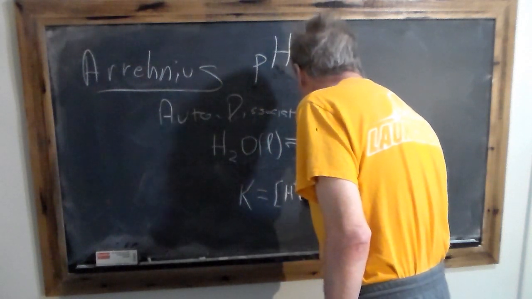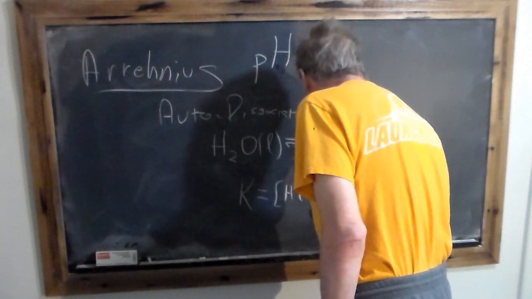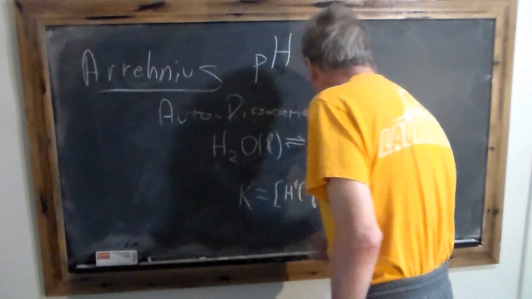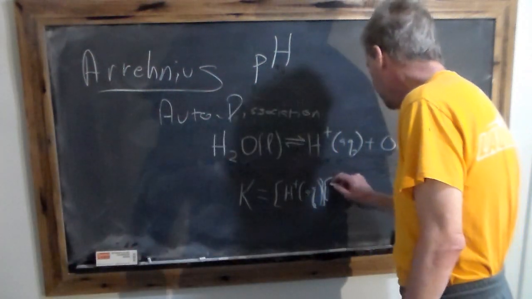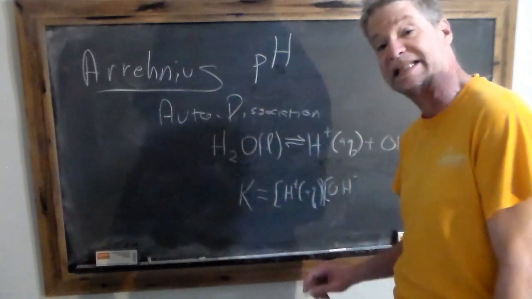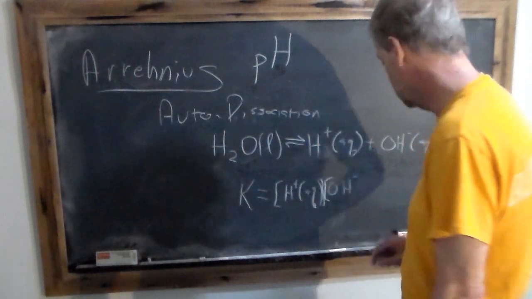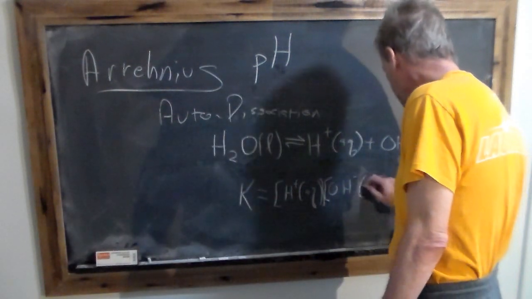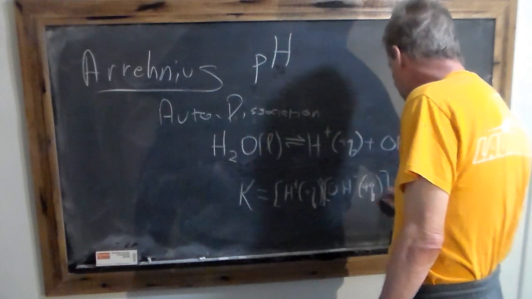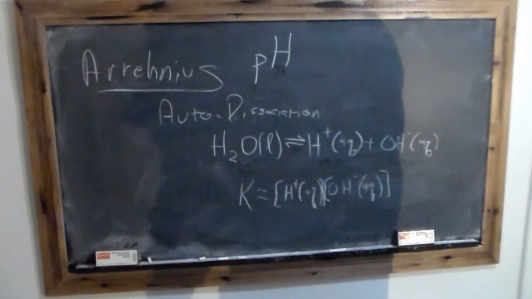So we have an equilibrium constant expression that looks like this. Now, if you want to play along, grab a calculator. If you're a math nerd like I am, make sure it has a base 10 log, L-O-G. If you don't want to, that's fine. You'll just have to take my word for it when I do the calculations.